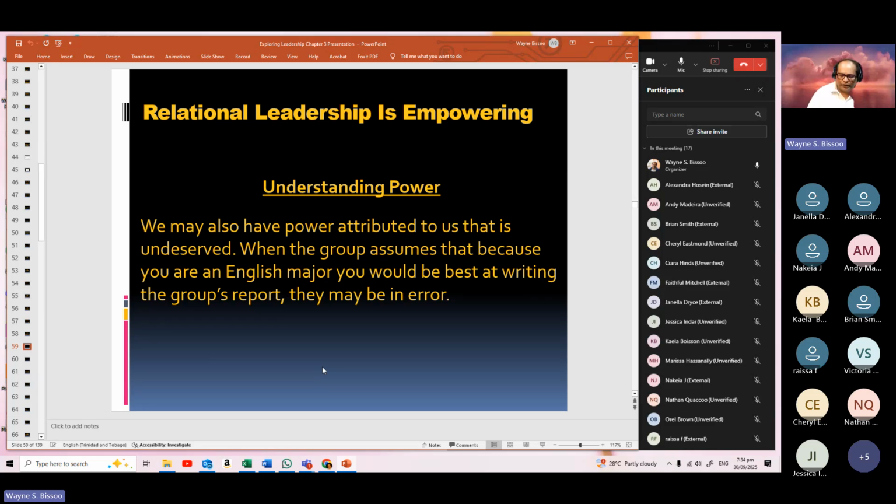So we are assuming skills or ability for an individual, and we are giving that power to that individual. It's something that happens with classes here. A lot of people might say, "Hey, he's an IT student. He's going to know how to do PowerPoints and all that kind of thing." Not necessarily. IT is not really about PowerPoint.